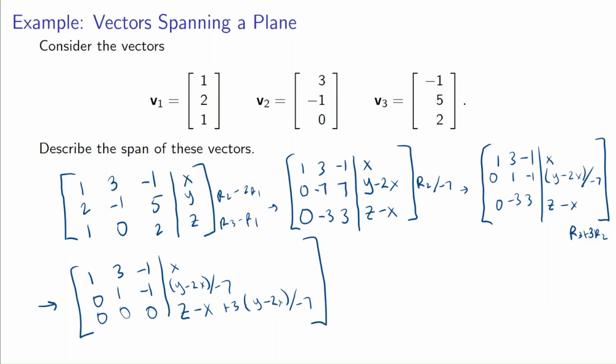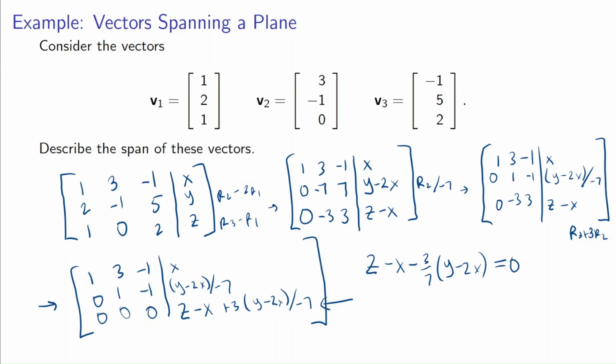And so what we've discovered here is that the vectors in the span of the form x, y, z must satisfy the equation to make this third row and this last column equal 0. Otherwise, this system would be inconsistent. So we know that for all of our solutions, z minus x plus 3/7 times y minus 2x needs to equal 0.